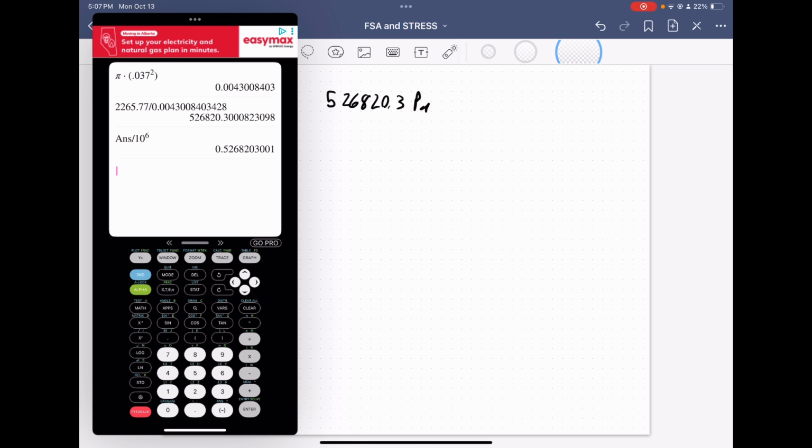Or we just know that 1 megapascal is 10 to the 6 pascal, right? And so we can cancel out, and we're left with megapascal, and that's dividing by 10 to the 6. And so let's hope that makes sense.